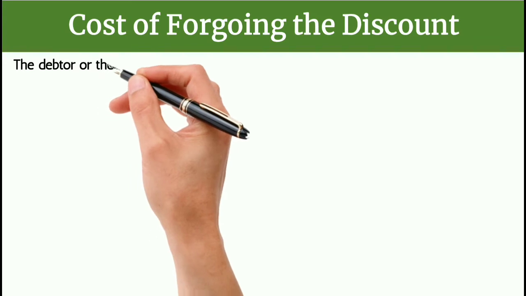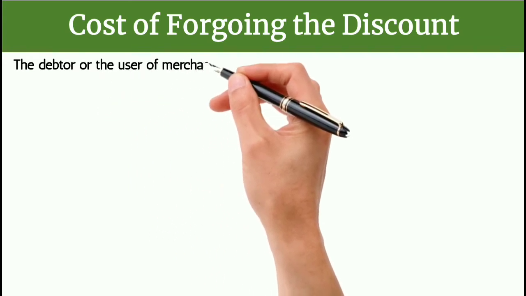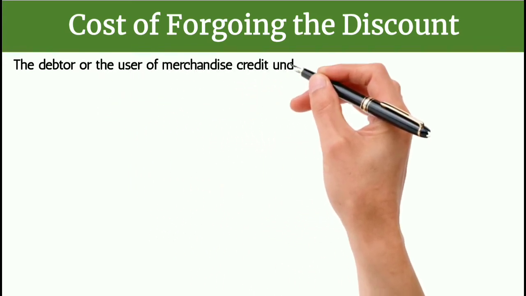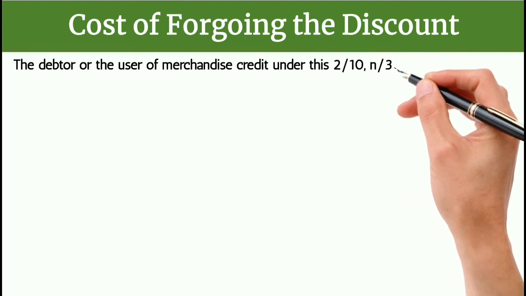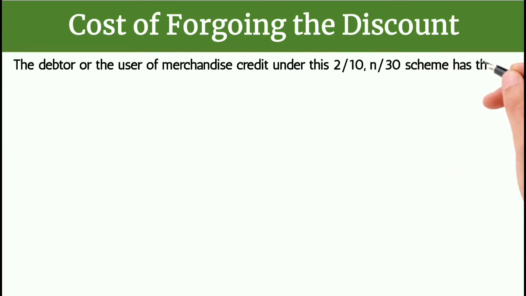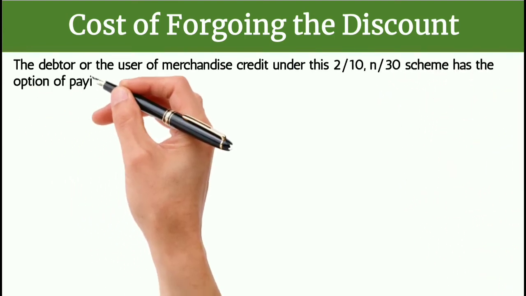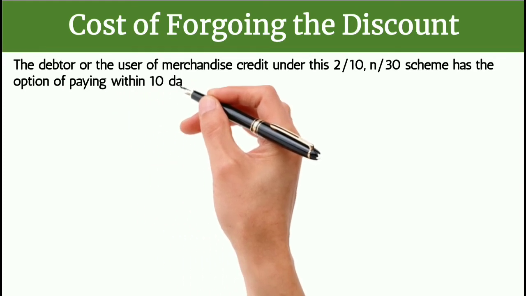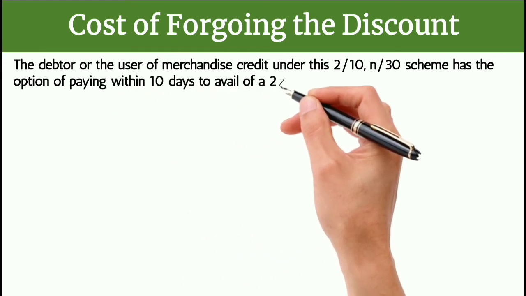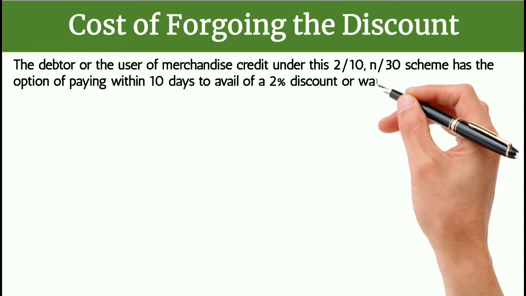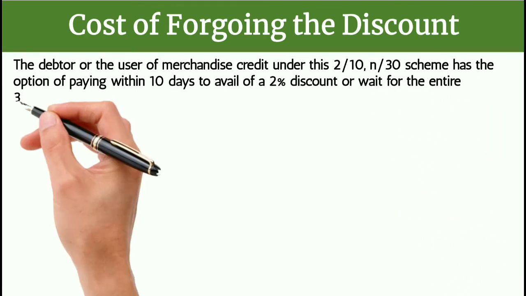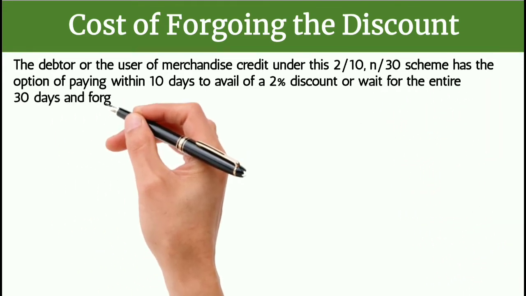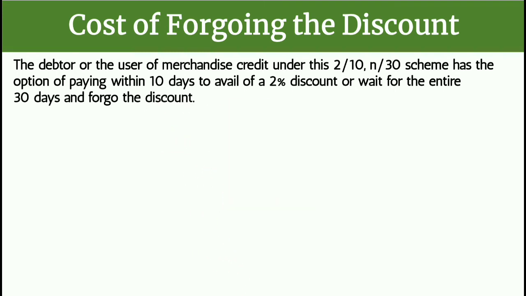In credit for merchandise sold, the debtor or the user of merchandise credit under this 2/10 and over 30 scheme has the option of paying within 10 days to avail of a 2% discount or wait for the entire 30 days and forgo the discount.